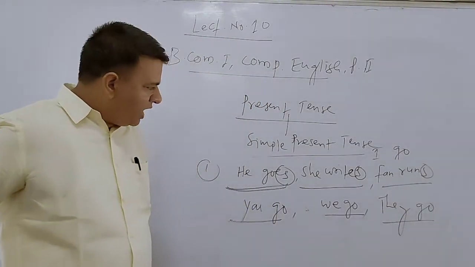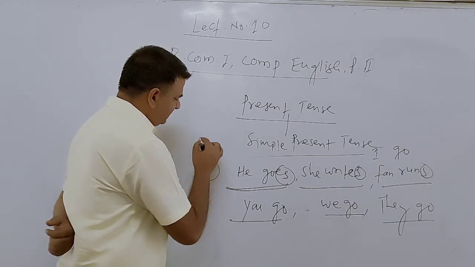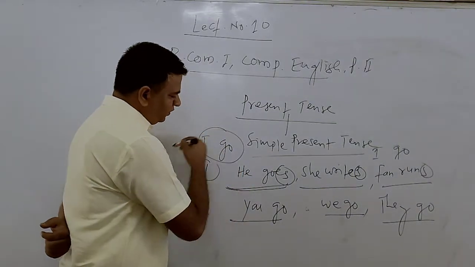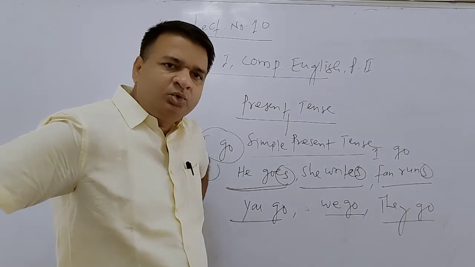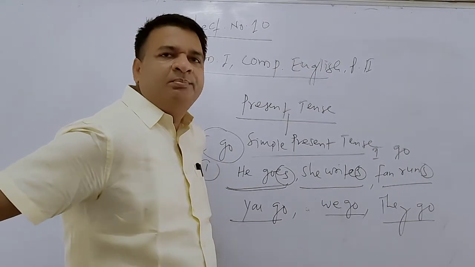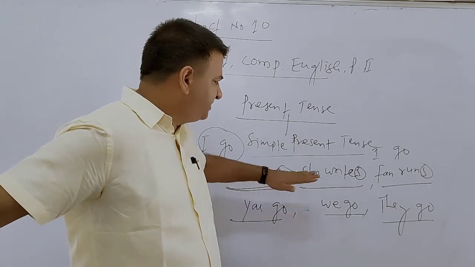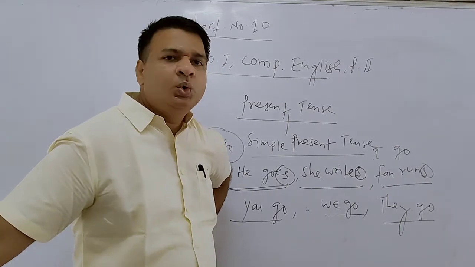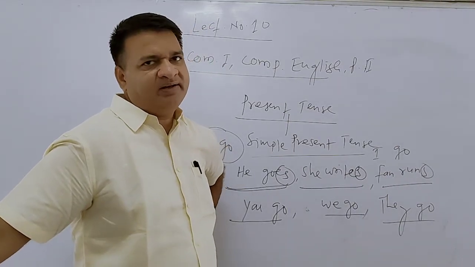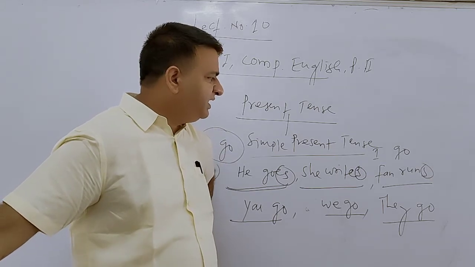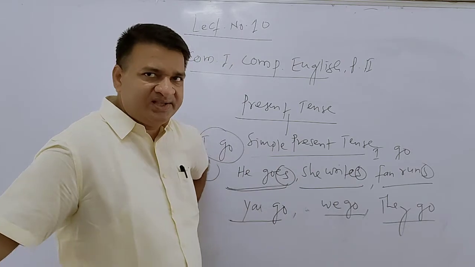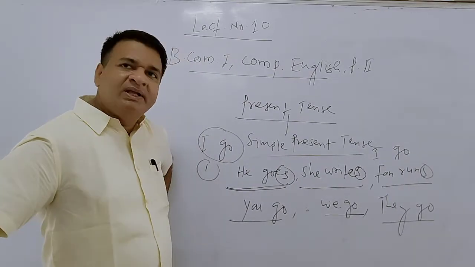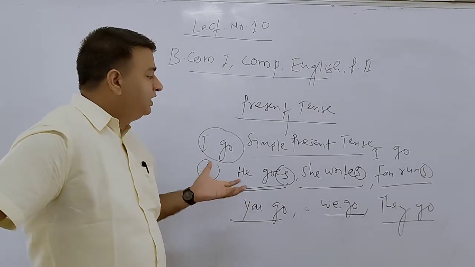So again in the first person case also we simply say I go to market, we go to market, they go to market, you go to market, but in the case of third person we say he goes to market, she goes to market, and we say the fan runs fast. Right? In the third person singular number cases we have the change.